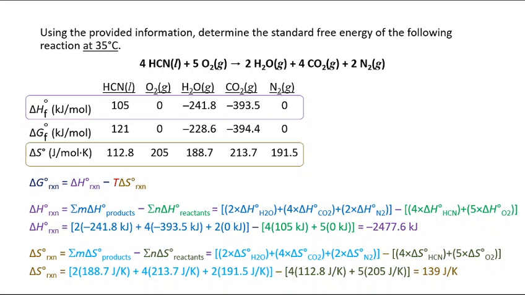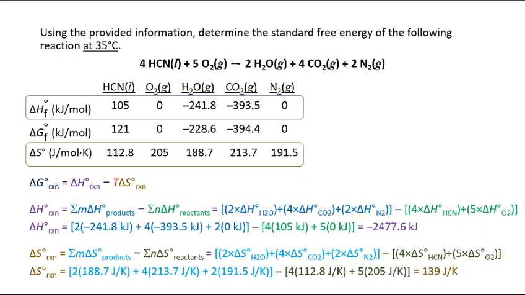If we want to solve for our standard free energy of the reaction, we can use the standard enthalpy of reaction we just solved for and the standard entropy of reaction that we looked for. And I'm telling you, this is at 35 degrees Celsius. The very last thing you need to pay attention to, which shouldn't be brand new if you've ever done a chemistry class before, is that temperature needs to be in Kelvin. We know that because our entropy is in terms of Kelvin.